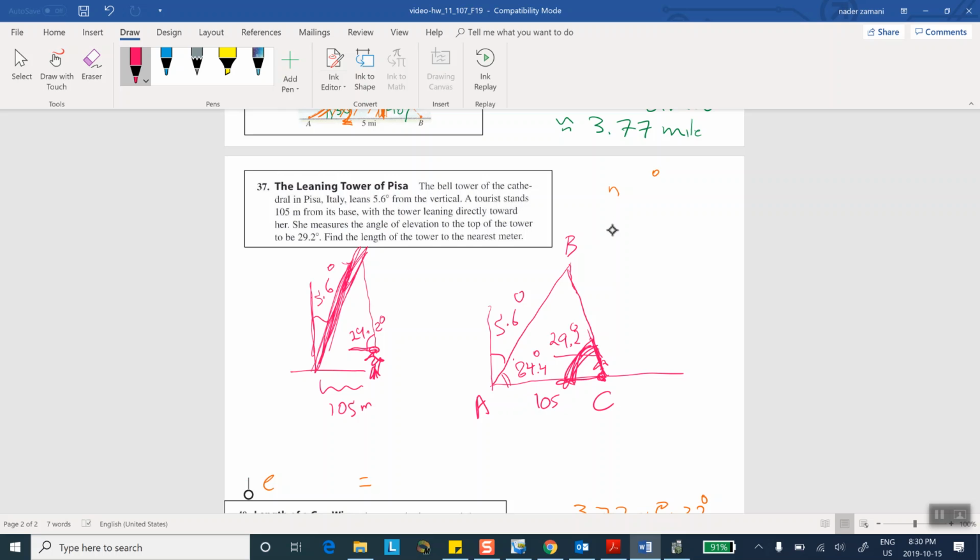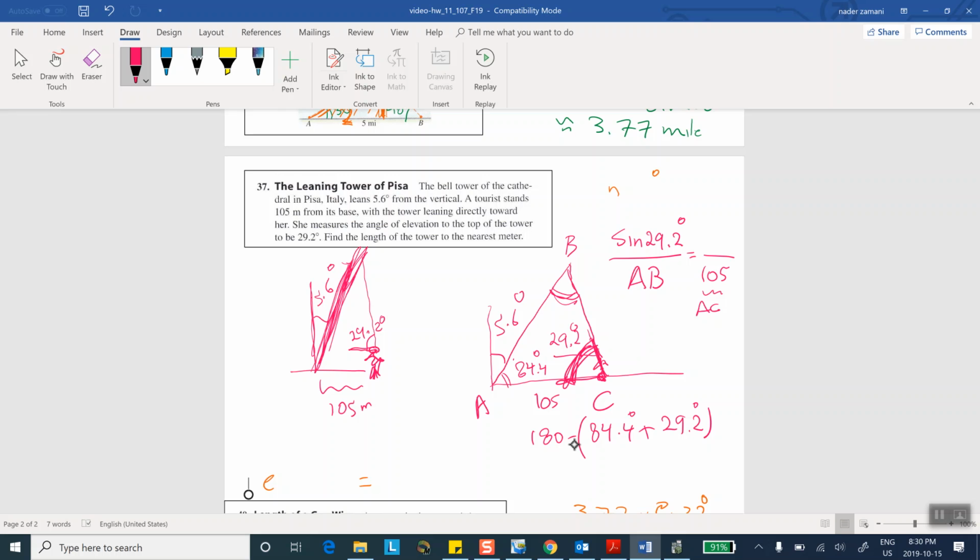Based on the law of sines, we have sine of 29.2 degrees divided by the height of the tower equal to, now I need this angle, divided by 105, which is AC. So this angle is going to be 180 minus 84.4 plus 29.2.